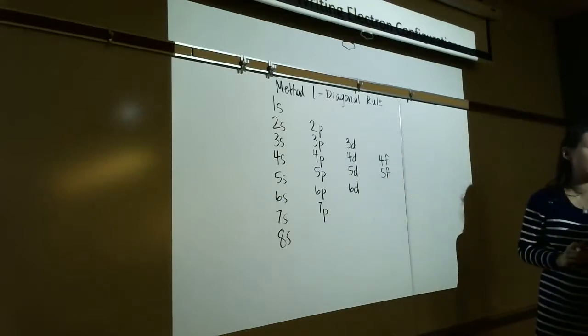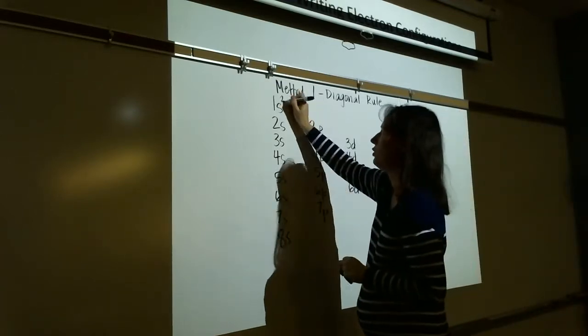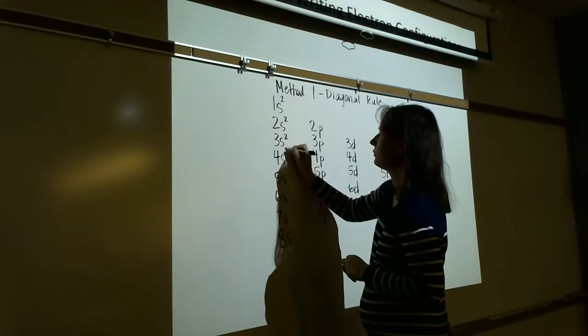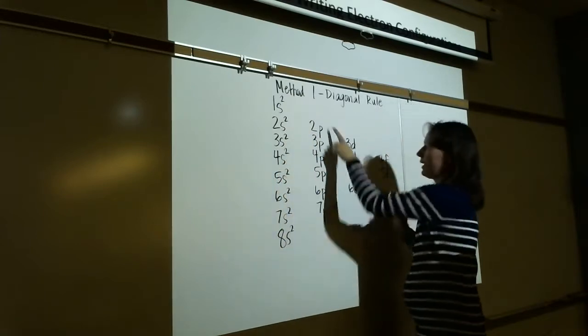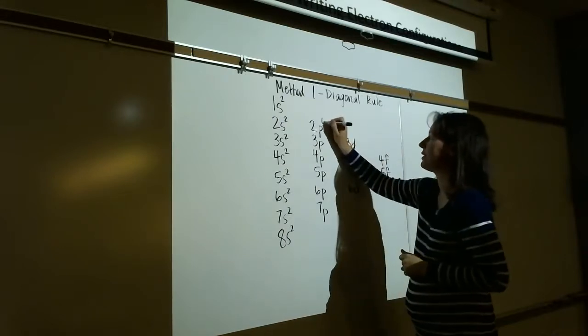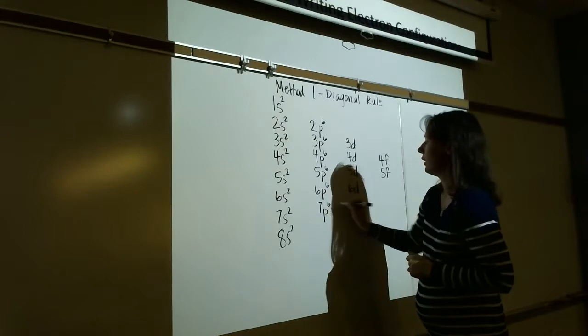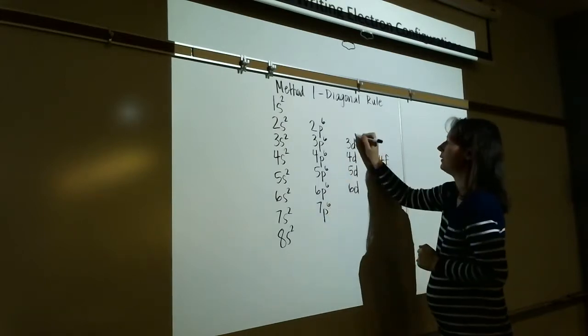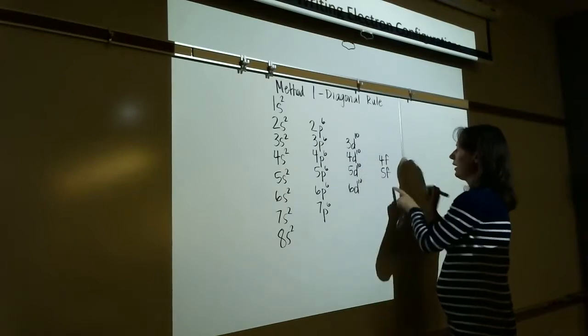Now we need little numbers. Give everybody in the S's a superscript of 2. Give everybody in the P column a superscript of 6. Give everybody in the D's a 10. And give all the F's 14s.